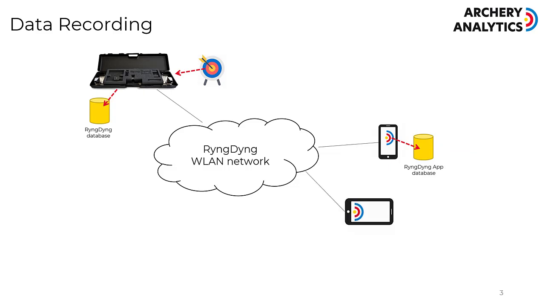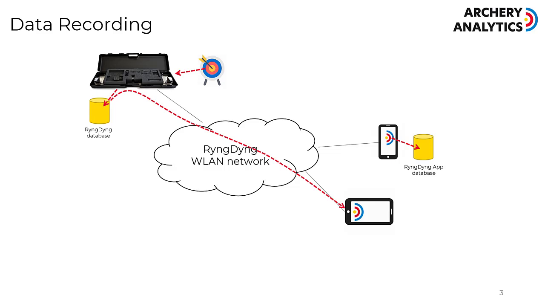So now what happens if, let's say, later a second archer is joining the field or the coach is approaching, asking the archer, okay, how does it go? And connects to the RyngDyng network. From that point on, of course, the second device will also receive the live data. But what about the previously recorded data of that day?